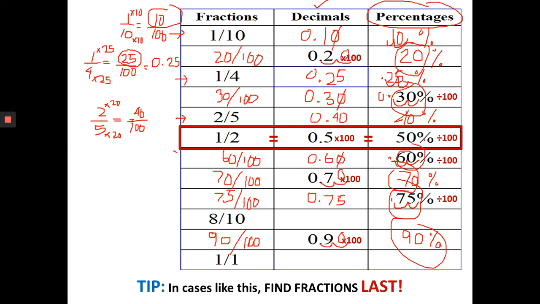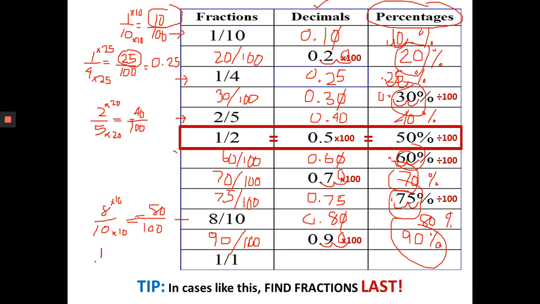All right, so we're almost done. 8 over 10. Okay, let's multiply this by 10 so we can get 100 as the denominator. So 8 times 10 is 80. So that is 80%. So that is 0.80. You can just remove the 0, so it's 0.8.